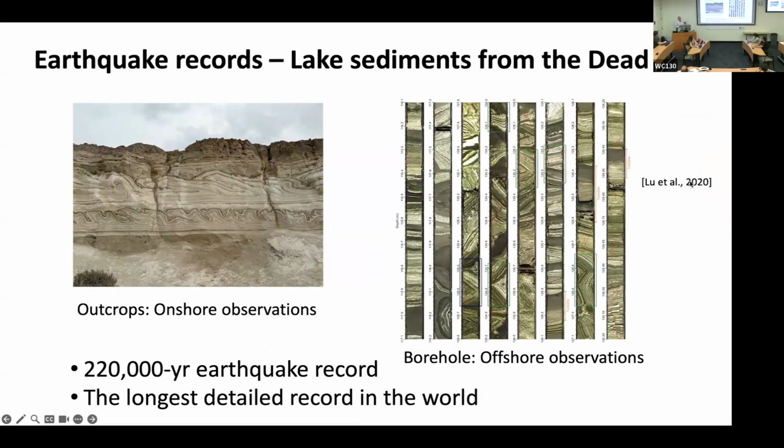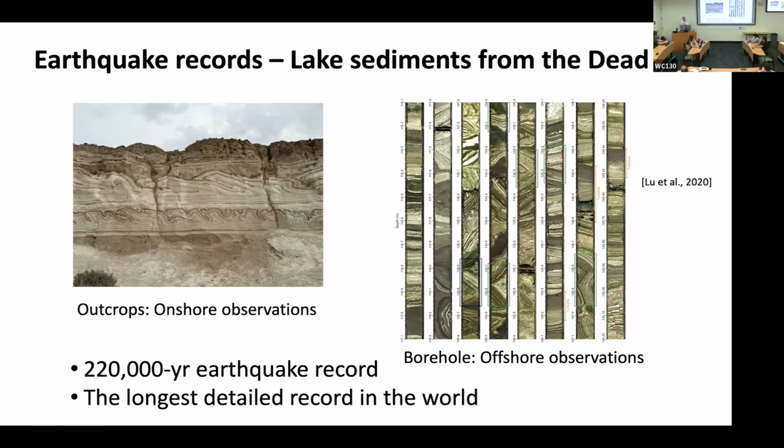And where we are going is the earthquake record from the Dead Sea, which we can see both onshore. We can see example of, it's like a turbidite, we call it seismite over there, but basically it's a movement of layers. And you can see how it looks very pretty when you go over there.